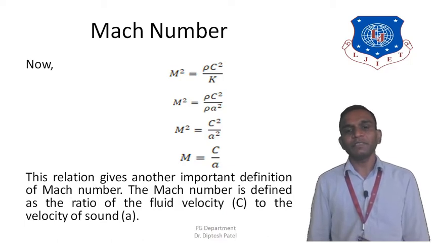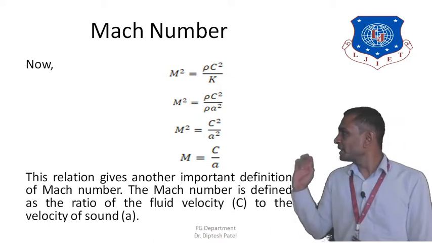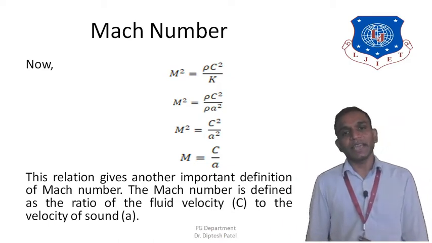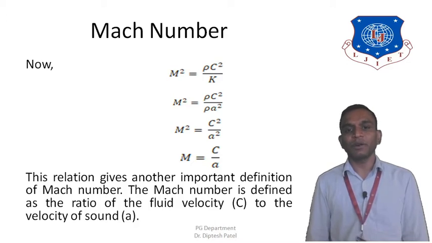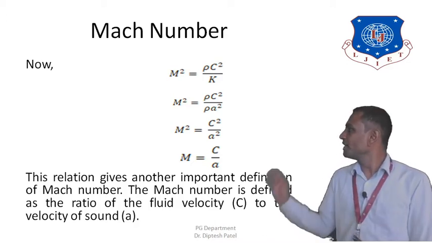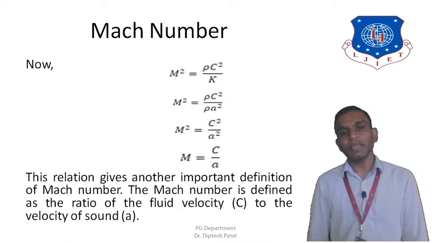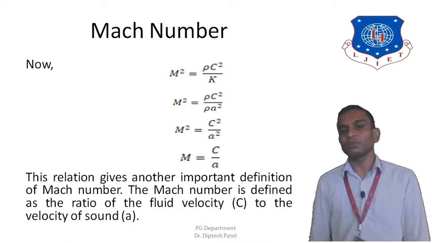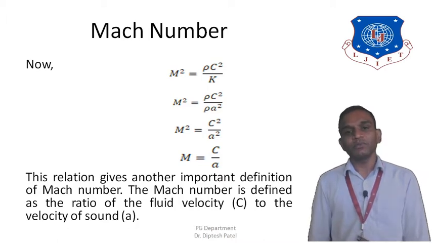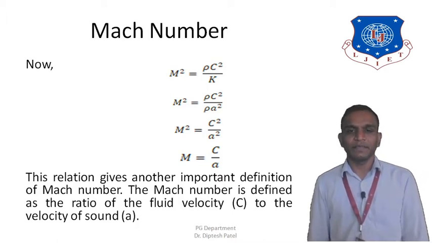Now let's put the value of K in that equation. We know that K is the bulk modulus and capital K is equal to rho A squared. So we put the value of bulk modulus in this equation, and we find M squared is equal to rho C squared divided by rho A squared. Now rho, which is the density of fluid, can be eliminated from both numerator and denominator.